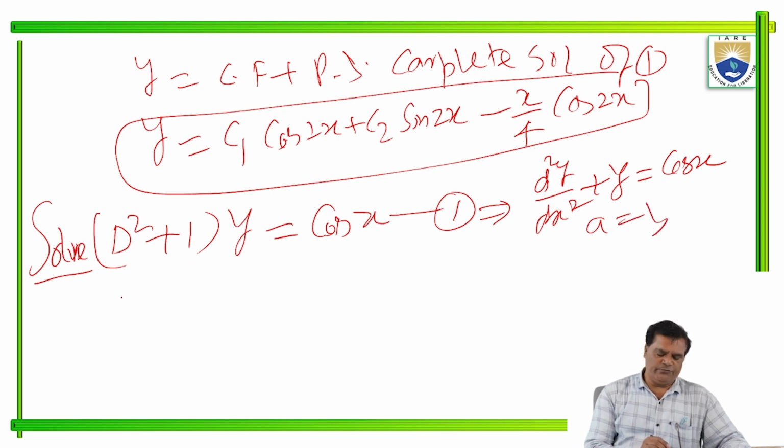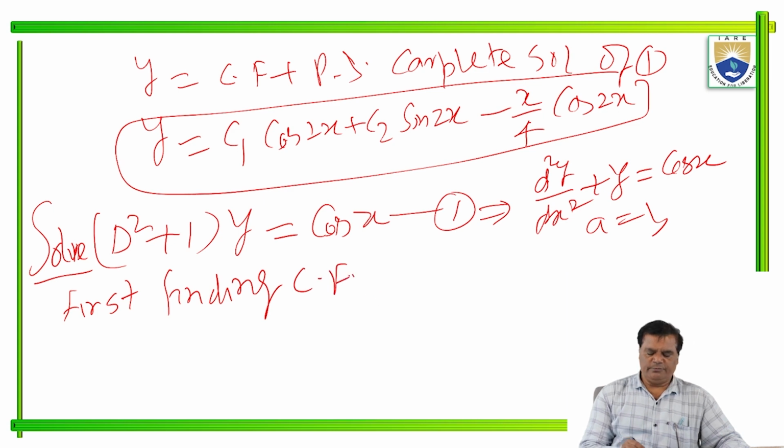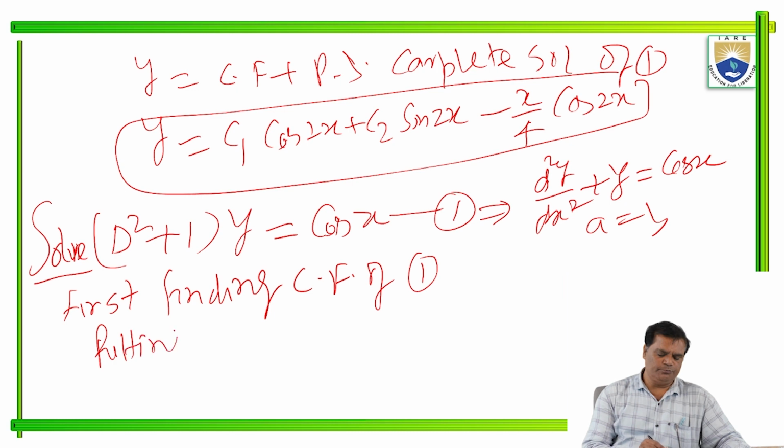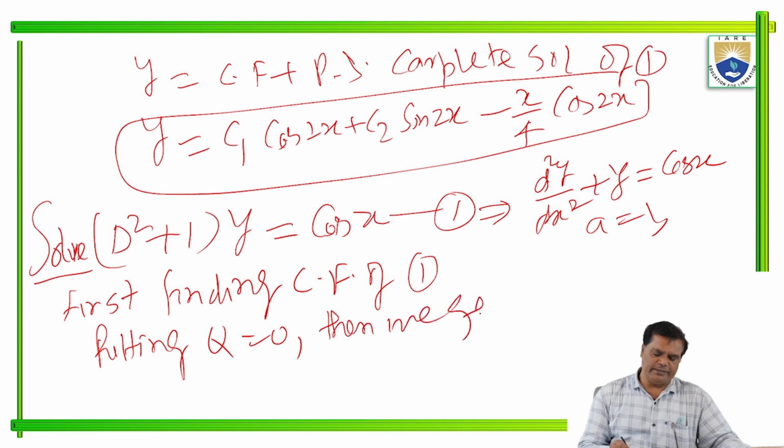So first of all, finding CF. Finding CF of 1, putting Q equal to 0. Then we get D square plus 1 y is equal to 0. This is equation 2.